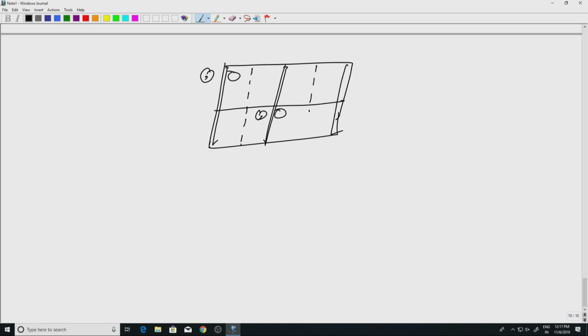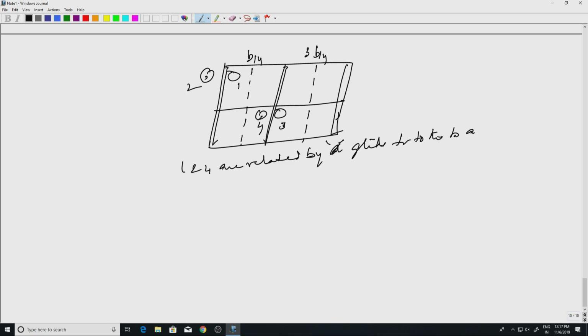One will be coming at B by 4, 3 by 4, B by 4. 1, 2, 3, 4. 1 and 4 are related by A glide perpendicular to the B axis.